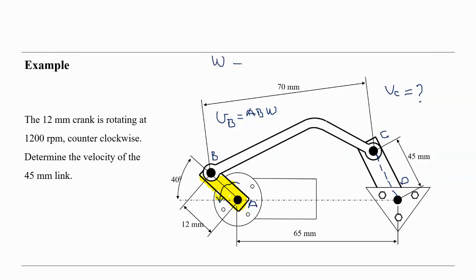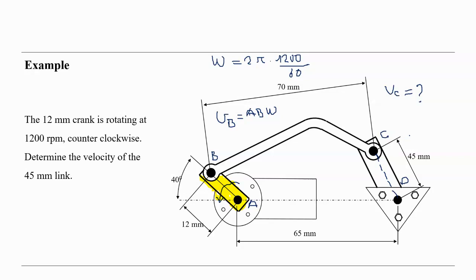Omega is equal to pi times 1200 over 60, converting into seconds. And we can calculate the VB, and we know the direction of the VB, and we have to calculate the VC.